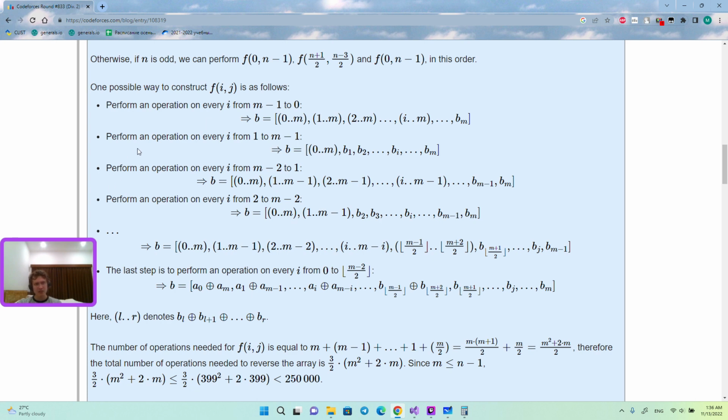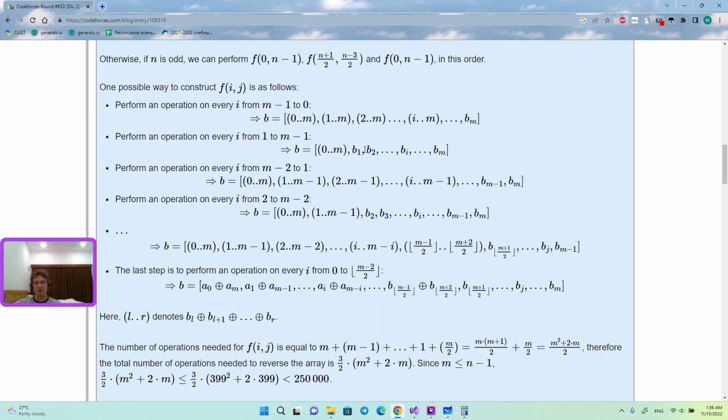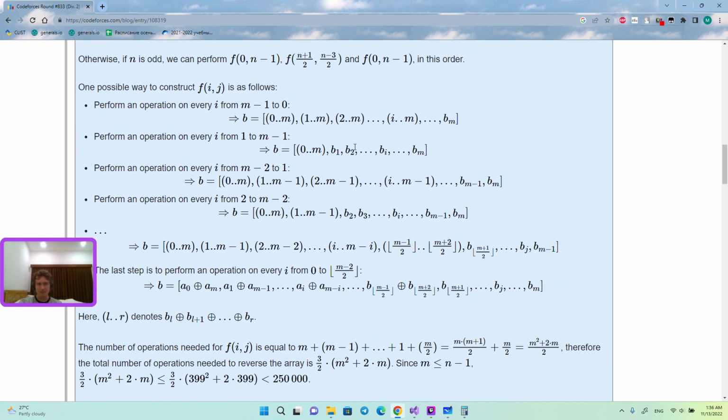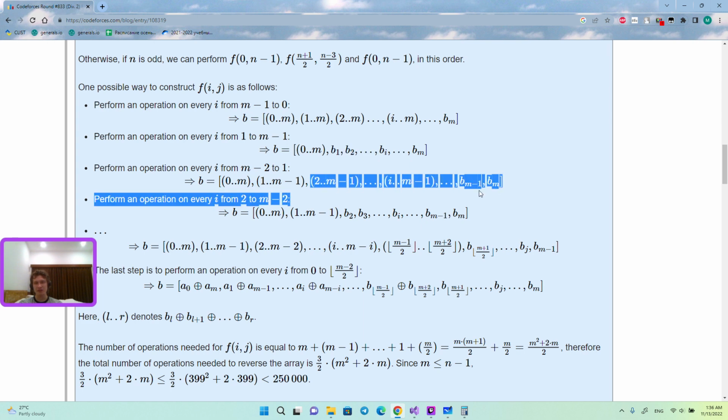Then we perform an operation for every i from 1 to m minus 1. We undo it, but still this is from 0 to m. Okay, now we are reversing this half, so without b_m. This is understandable, and then we're undoing this half.